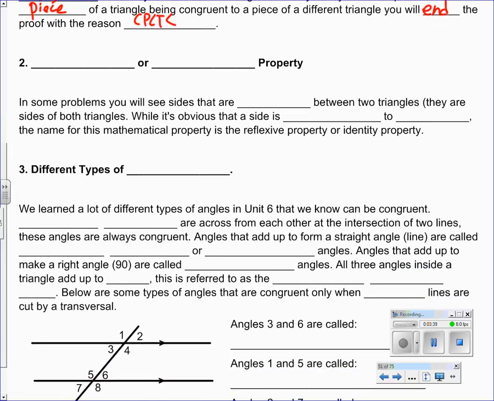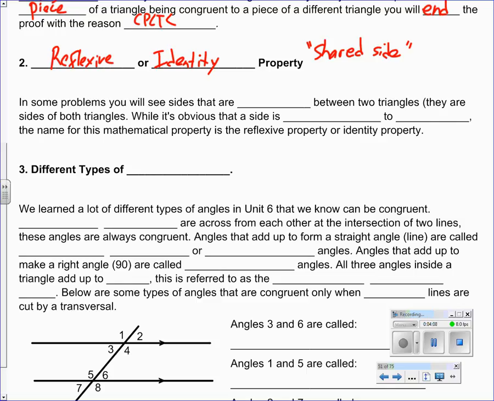So our second reason, we've seen a couple of these, is what we've been calling a shared side. There's a property for that called either the reflexive or identity property. We've seen this before.